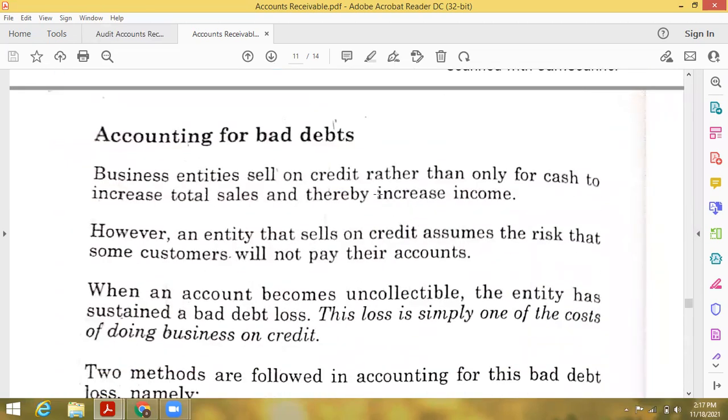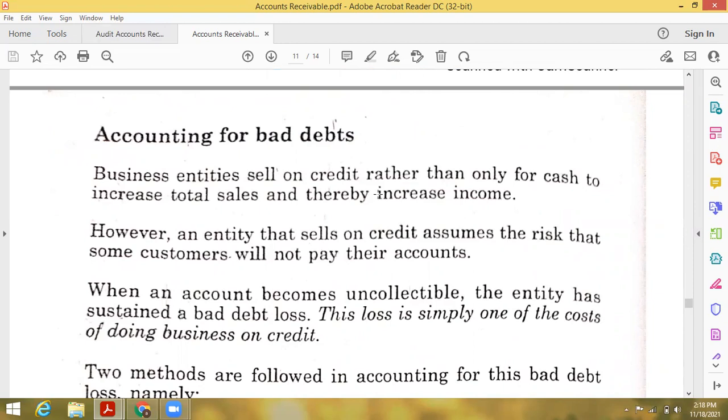So here, allowance for bad debts. Yung bad debts na yan yung masamang utang. Ibig sabihin, utang na hindi nagbayad. Bad debts. Business entity sells on credit rather than only on cash to increase the total sales, thereby increasing income.